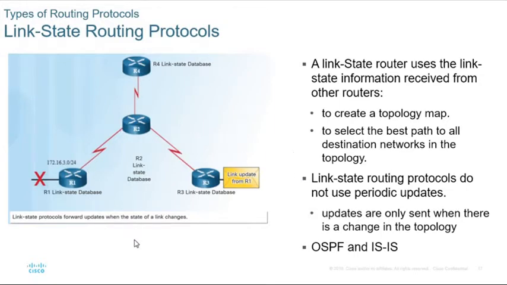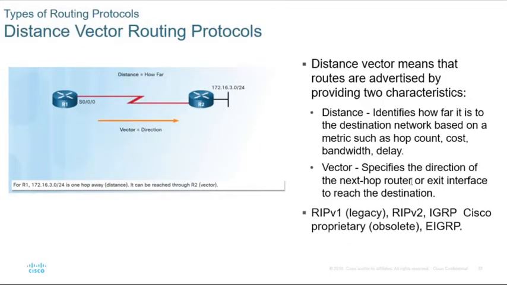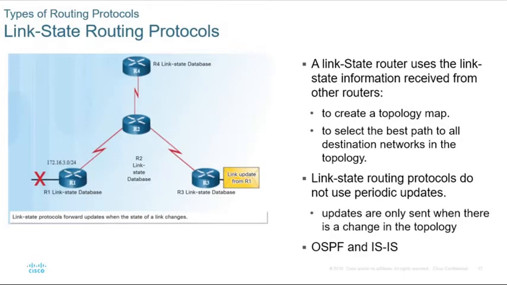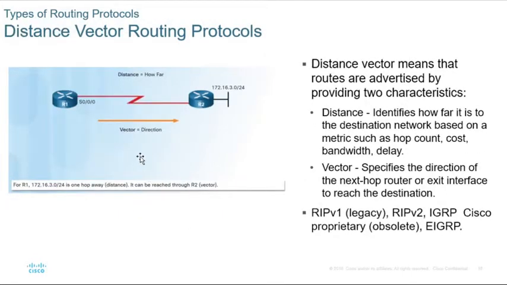I forgot to mention that distance vector routing protocols use what we call periodic updates. Routers running distance vector exchange information periodically. For example, every 30 seconds they send an update of the routing table to their neighbor routers to tell them these are the networks currently configured on my interfaces.